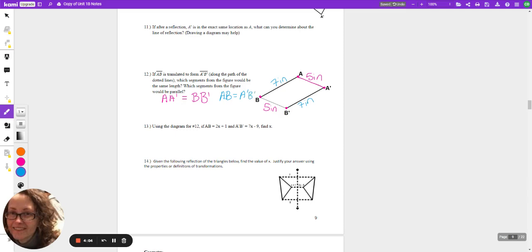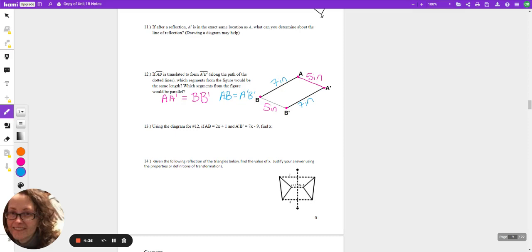Therefore, those two will also have to be the same length. Now I know that 7 inches and 7 inches are going to be the same because translation is an isometry, same shape, same size. Specifically, again, the same size. I have to keep that 7-inch distance between AB when I slide it.